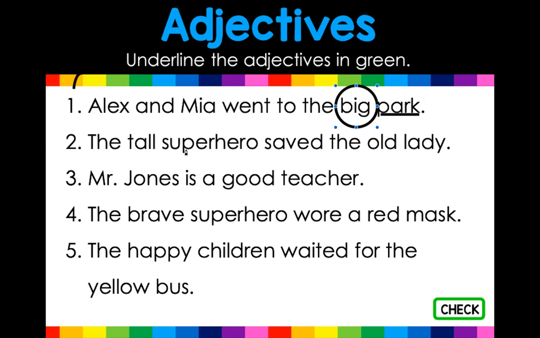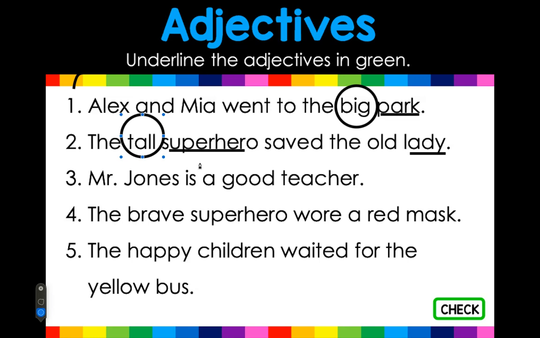The tall superhero saved the old lady. Wow, there's a few nouns in here. Let's see if they are described. Superhero is a noun. It's a person. And a lady is also a noun. It's a person. Let's see if they're described. The tall superhero. Yes, yes, yes. Tall. That's telling me what kind of superhero?